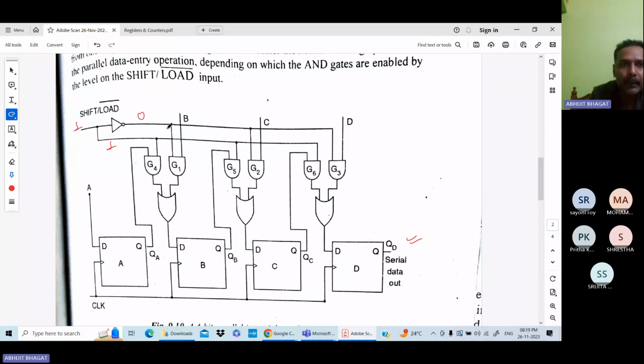This point is 0, this point is 1, this point is 1. तो G3 का ये पॉइंट 1 हो गया, G2 का ये 0 हो गया. Same your G3, this point is 0, and G6, this point is 1. Okay.